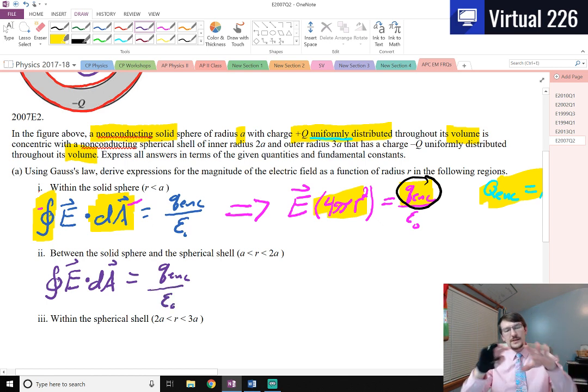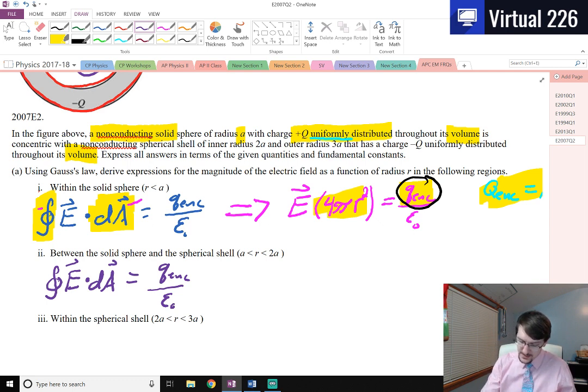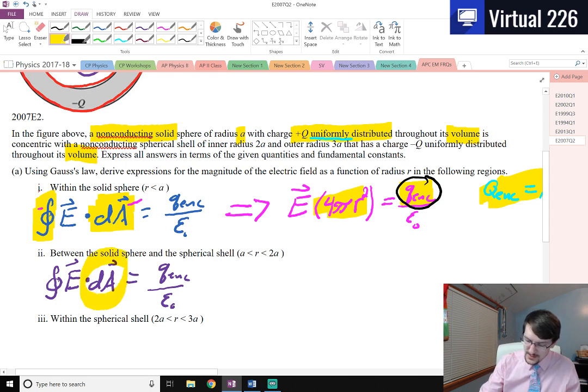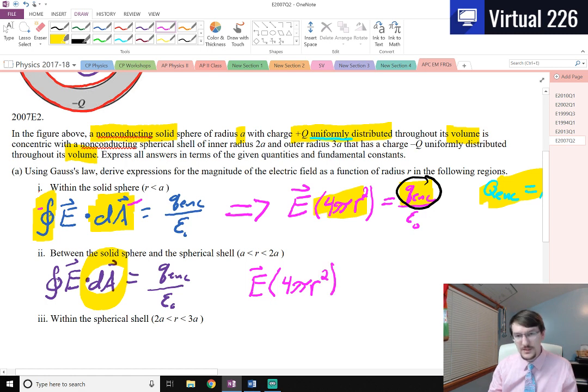If you take a second to think about what your Gaussian surface is going to be, you're still enclosing a sphere. So your Gaussian surface should be a sphere, which means that this dA bit, when we integrate it, is just going to be the same 4 pi r squared as before. So we get the electric field times 4 pi r squared, like we're doing the last problem again, equals the charge enclosed over epsilon naught.